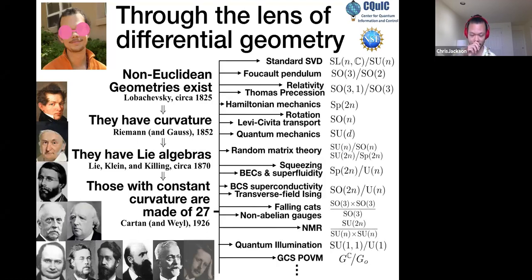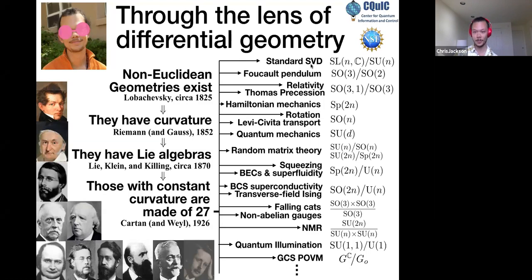Well, what's cute is that these manifolds of constant curvature have been discovered independently over and over again in physics problems. So let's go through this list a little bit just because it's fun. Maybe a bunch of you are familiar with the singular value decomposition. It turns out that you can think of positive operators as a manifold of constant curvature. And understanding how they interact with unitaries, there's an entire geometric picture.